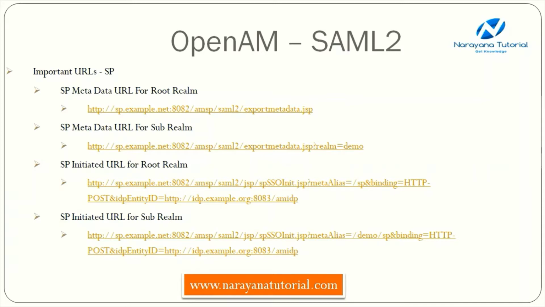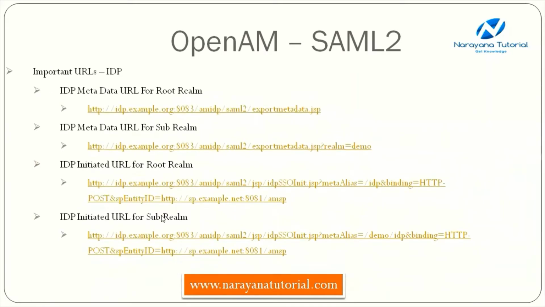Once you have configured, this is how to test whether it is working. The SP initiated URL initiates from the SP side, and the same for the subrealm. The same way we have the IDP metadata URLs for the root realm and subrealm, and the initiated URLs for the root realm and subrealm.